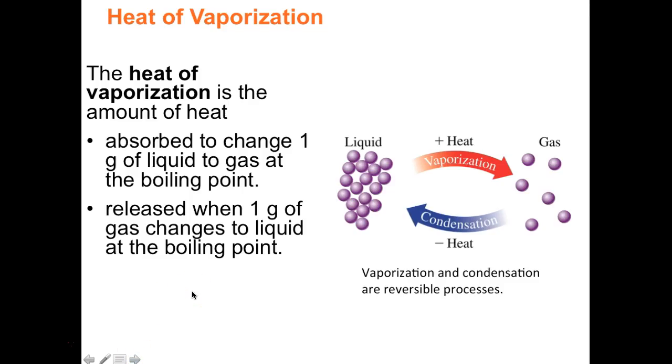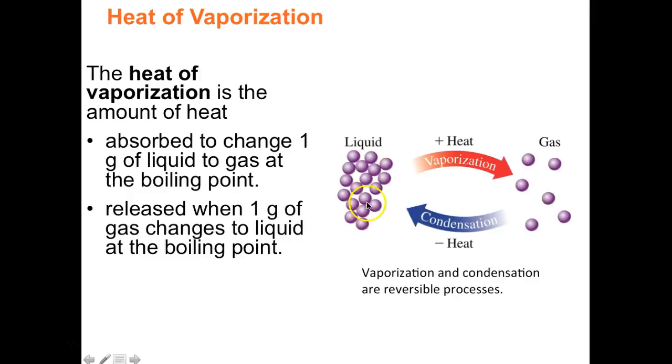Heat of vaporization is the amount of heat required to change 1 gram of liquid into 1 gram of gas at a certain temperature, which is the boiling point. And for water, that's 100 degrees centigrade.